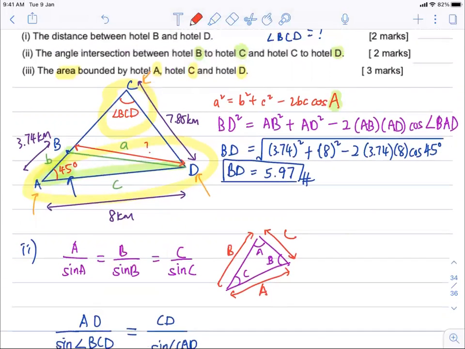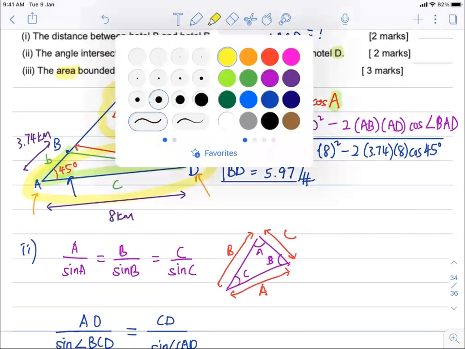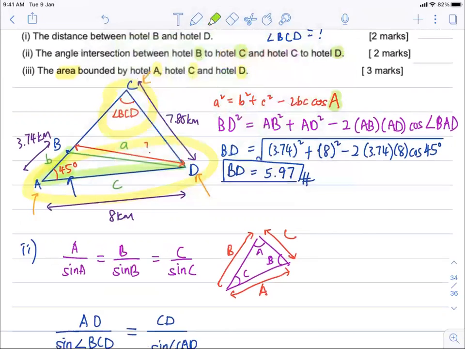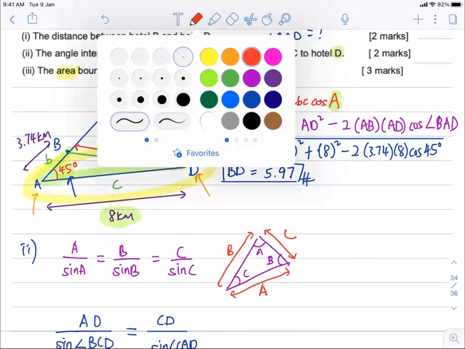In order to find area, right, we need two sides length. The first side length we can use is 7.85 km, and the second one we can use is 8 km. So we have two lengths now. We need also the angle.